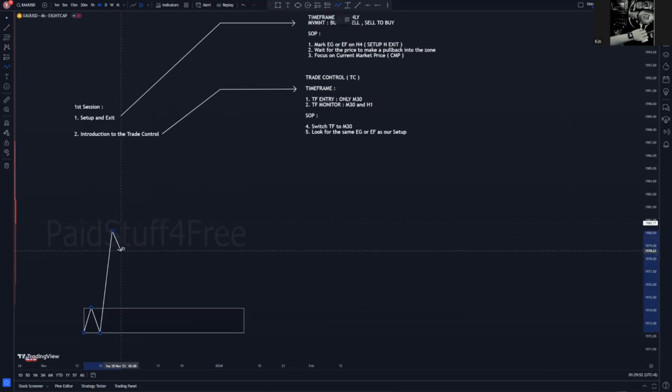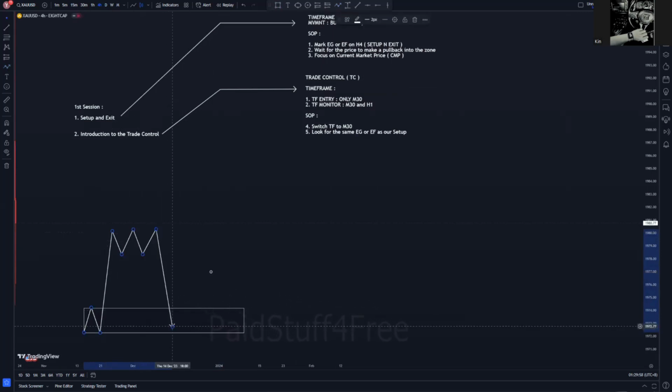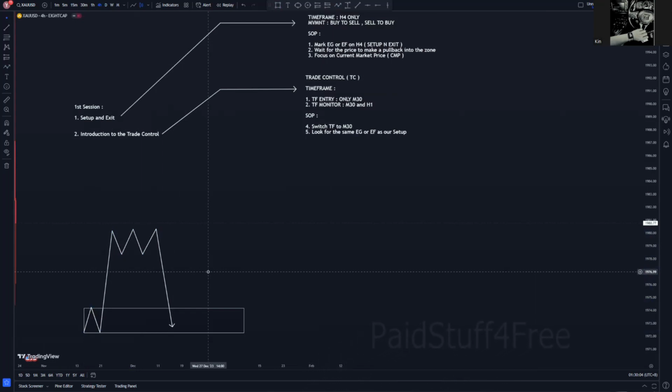When the price makes a pullback, the price gets into the zone. After the price gets into the zone, and after we focus on the current market price, the next step is that right over here, we need to switch or change the time frame from H4 to M30.